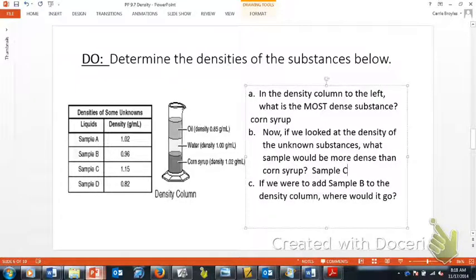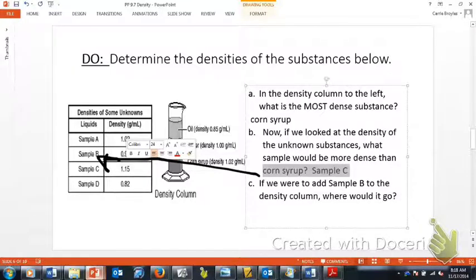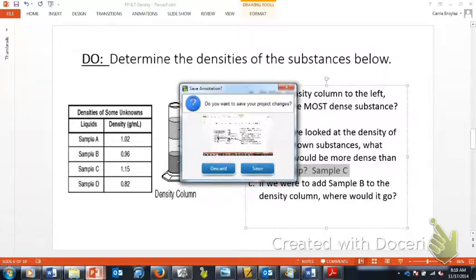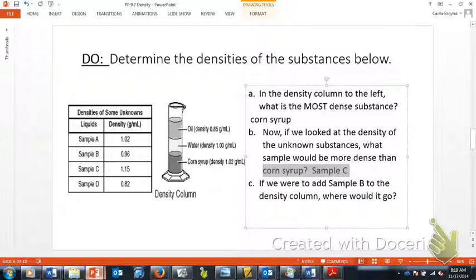Now, for letter C, it says if we were to add sample B to the density column, where would it go? So here we're going to look at sample B. If we look over here at the chart, sample B has a density of 0.96. I'm sorry, all these things are coming up on the screen.